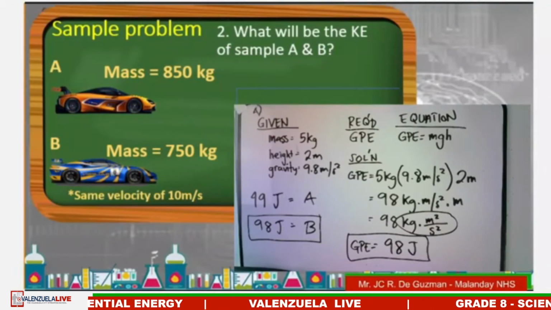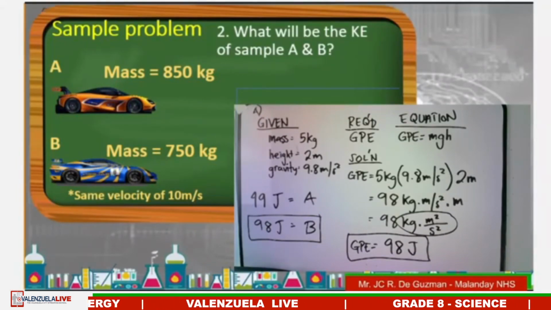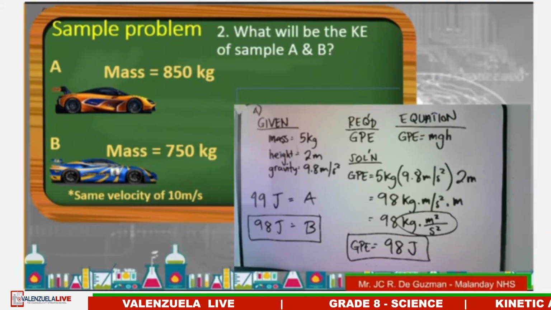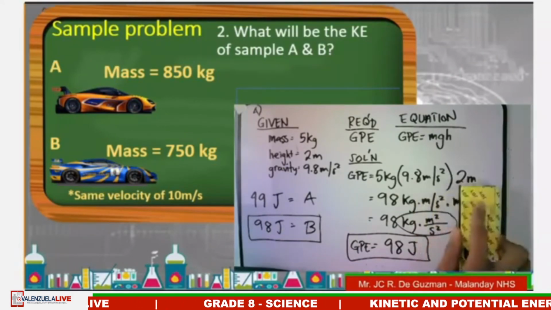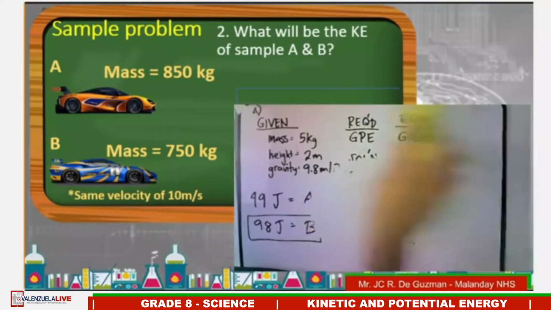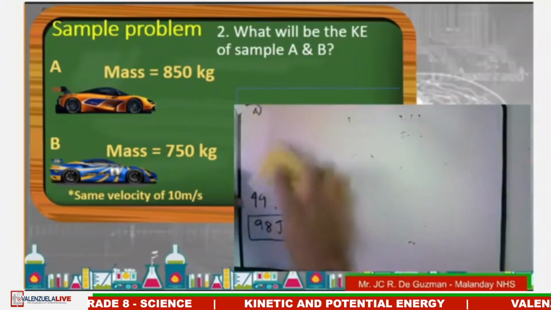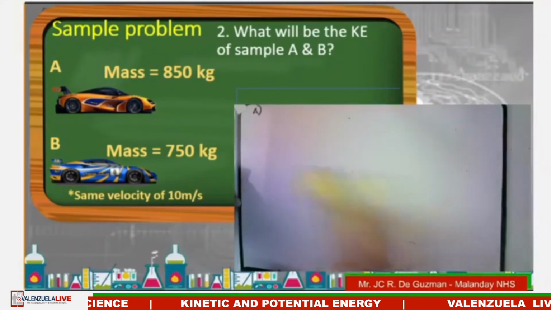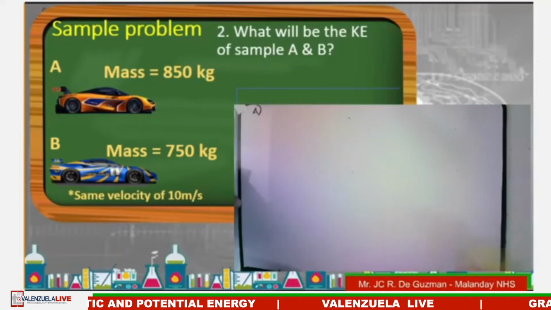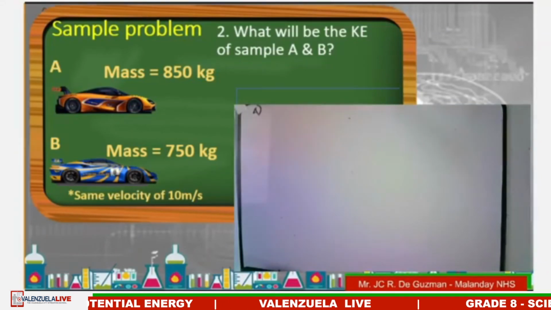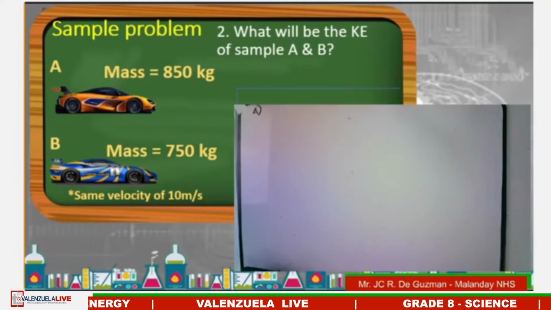Okay, so let us try to solve the second question before we proceed to the last question. At this time, we'll be using kinetic energy. The same process. We will use the GRESA method, given, required, equation, solution, and answer, to solve the problem systematically.